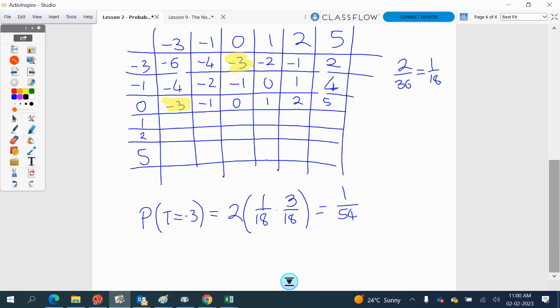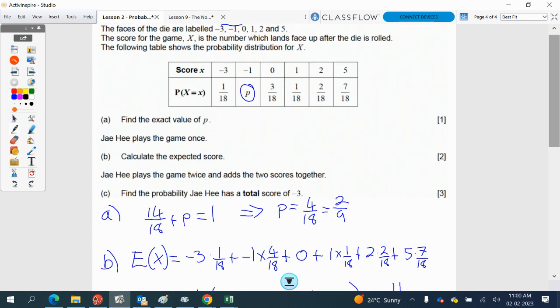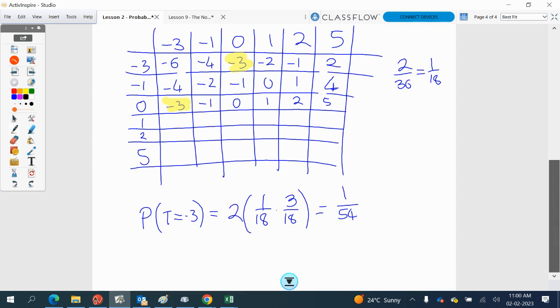The first method with the table assumes that each probability is equal, as if it were an unbiased dice. Remember that this die is biased, and this table isn't symmetrical. We don't have 1 out of 6, 1 out of 6 for each of the probabilities. If it was symmetrical, we would get the same value in each one.